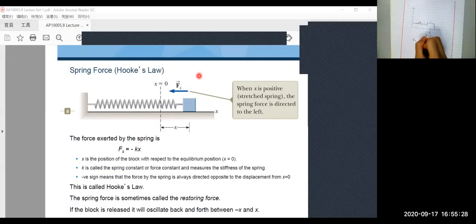So x0 is the equilibrium position where the spring does not provide any force to the object. If you extend the spring by pulling the object, say up to this point, xf, there is of course a corresponding displacement, delta x.